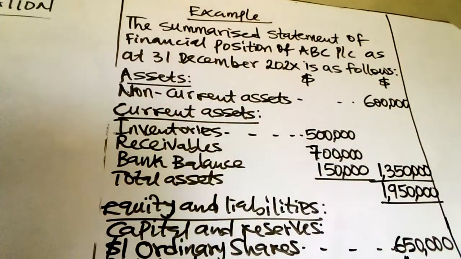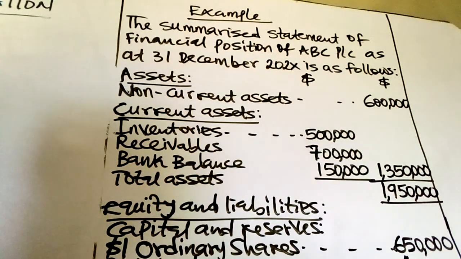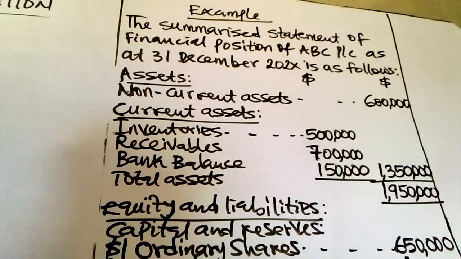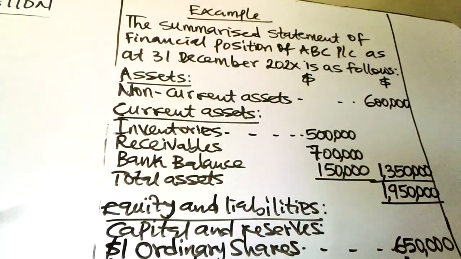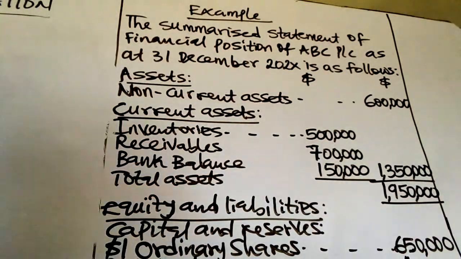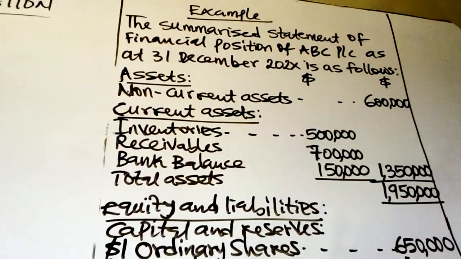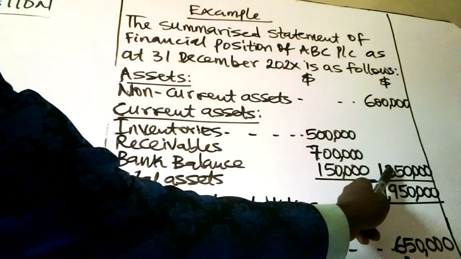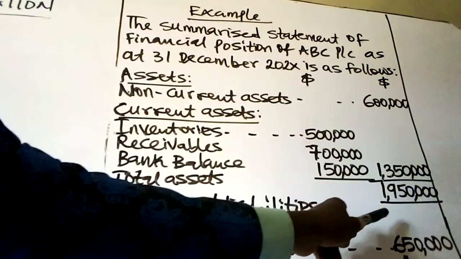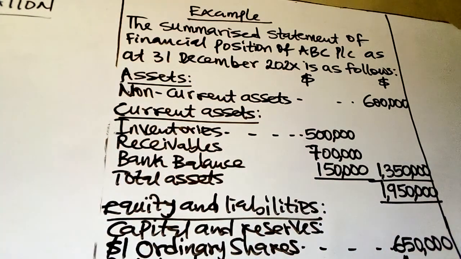We have current assets, which include inventories of 500,000, receivables 700,000, and bank balance 150,000. Current assets totaled 1,350,000. Then the total assets, current and non-current, is 1,950,000.